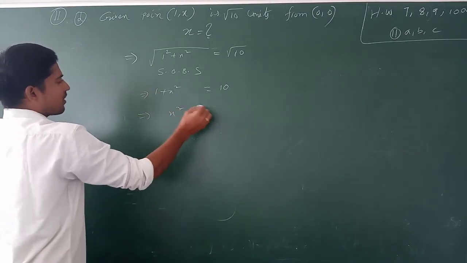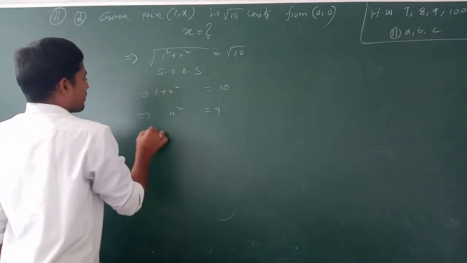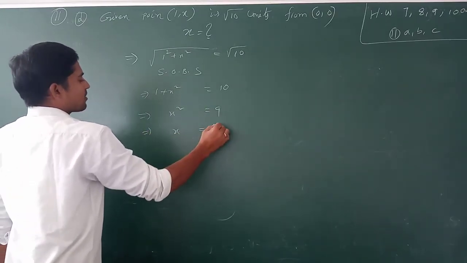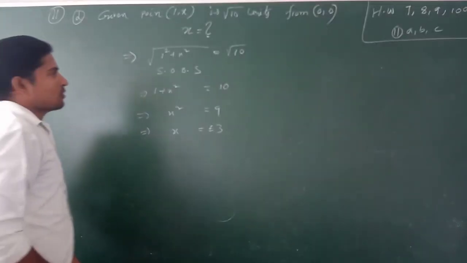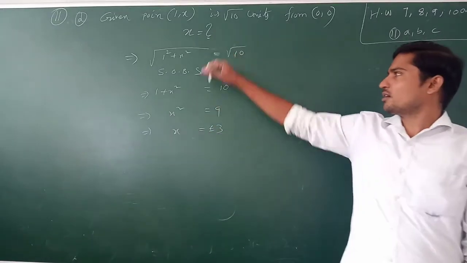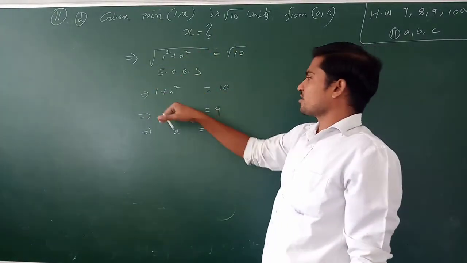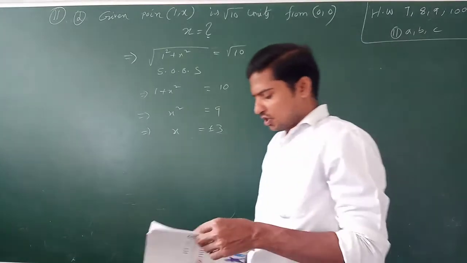Implies x square equal to 9. That implies x equal to plus or minus 3. Right?